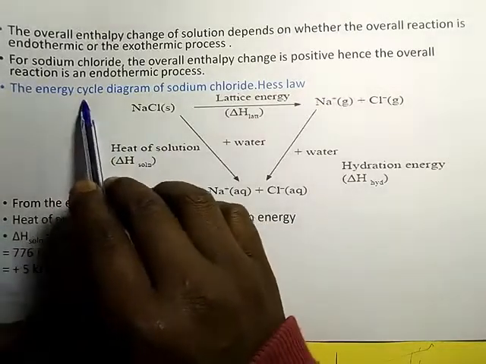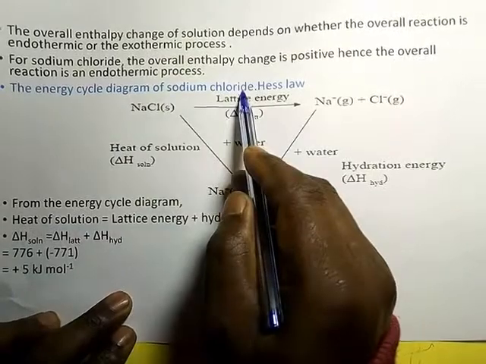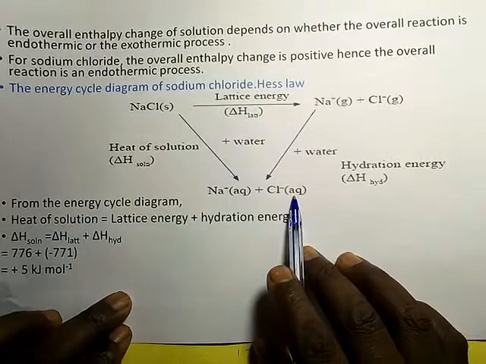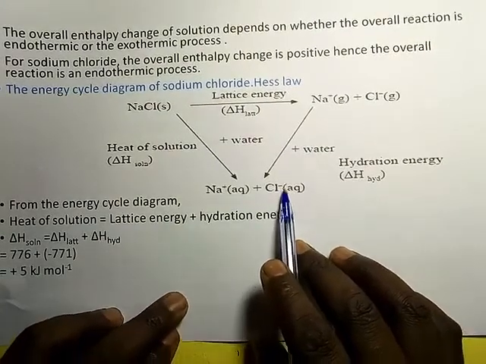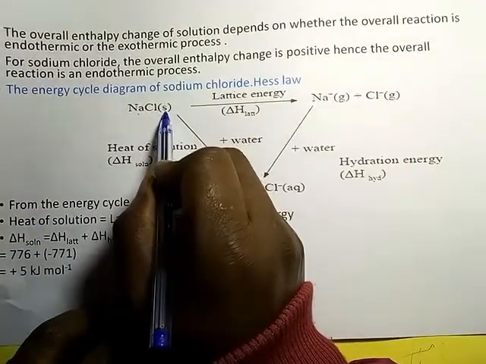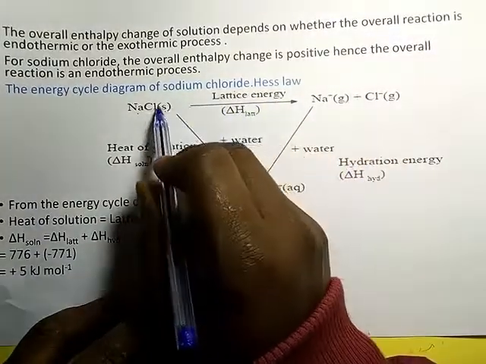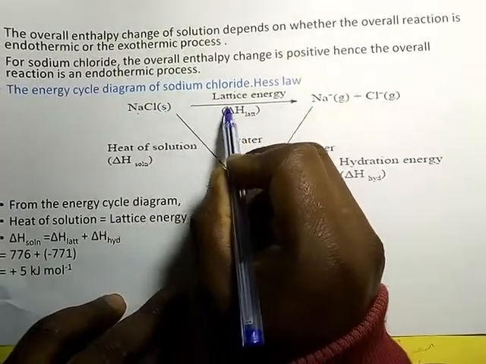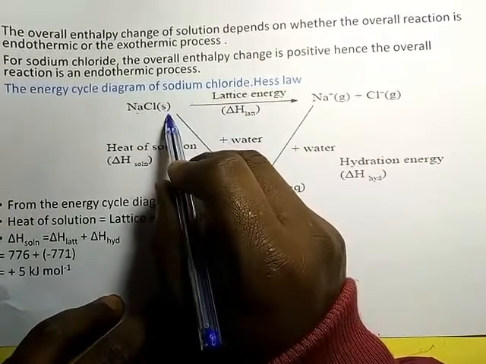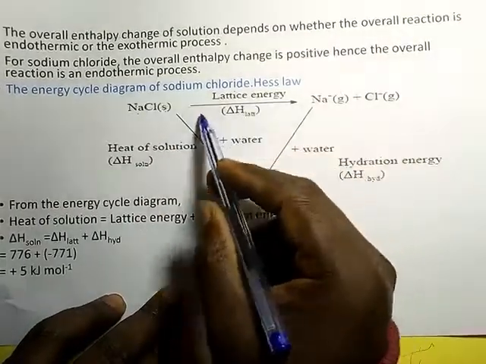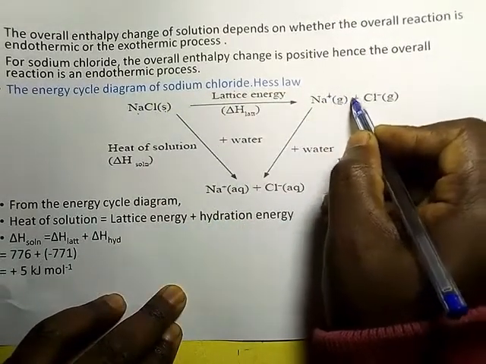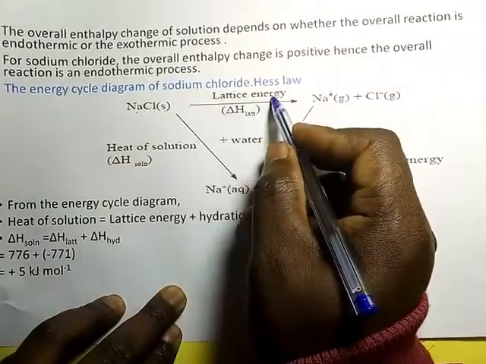Now this is the energy cycle diagram for sodium chloride. When sodium chloride is dissolved in water, this is the energy cycle diagram that is obtained. Remember, this is sodium chloride, which is solid. When it is added to water, it undergoes two stages. In the first stage, the bonds are broken, forming the ions in gaseous form, and that's what we call reverse lattice energy.